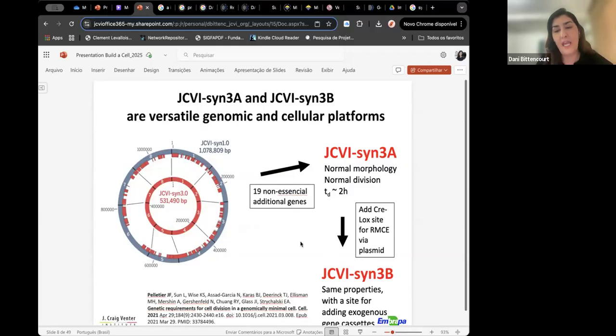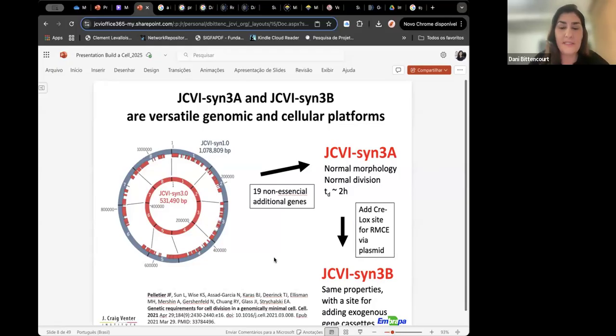And in order to be capable of bringing back those genes, and also work with other possibilities and try to understand other kinds of genes, JCVI-syn3B was developed. It's the same as JCVI-syn3A, but the difference is that it has a Cre-loxP site for homologous recombination.